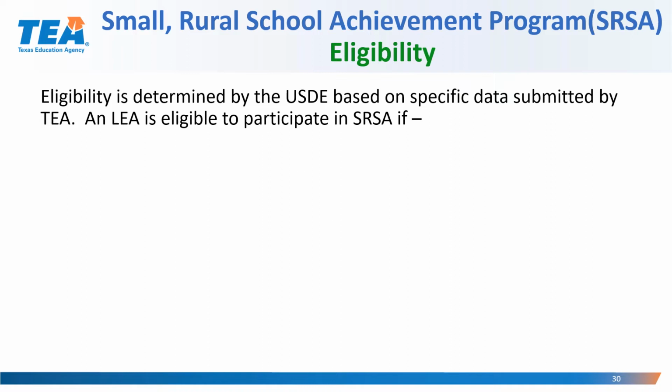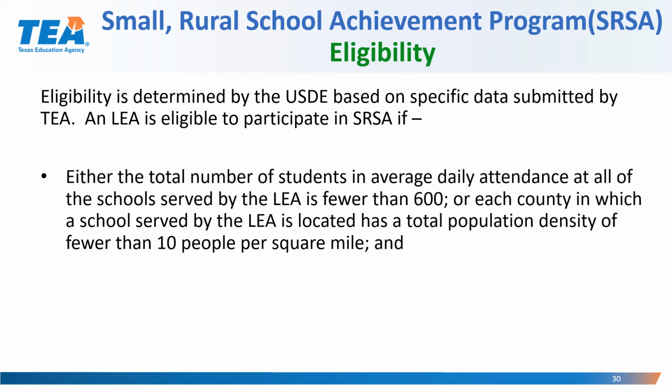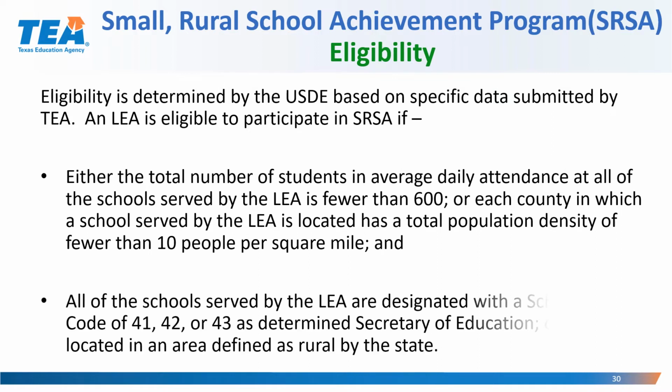An LEA is eligible to participate in SRSA if either the total number of students in average daily attendance at all of the schools served by the LEA is fewer than 600, or each county in which a school served by the LEA is located has a total population density of fewer than 10 people per square mile, and all of the schools served by the LEA are designated with a school locale code of 41, 42, or 43 as determined by the Secretary of Education, or the LEA is located in an area defined as rural by the state.